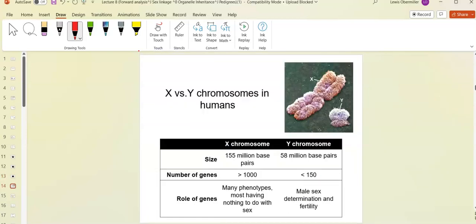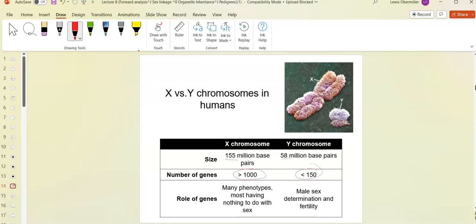All right, so here we go, talking about the difference between X and Y. X is pretty huge compared to the Y. There's 1,000 genes, give or take a few, on the X chromosome, about 150 on the Y chromosome. It's about 3 times as large as far as base pairs.